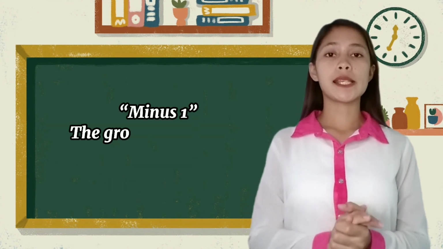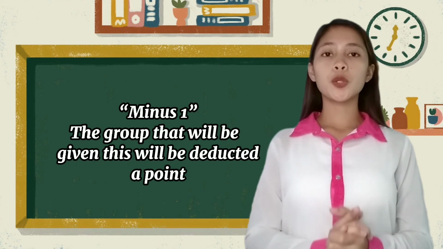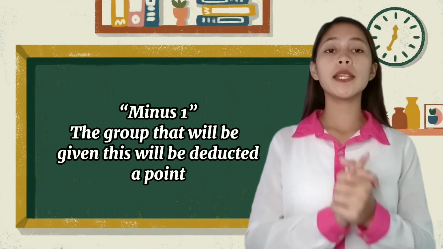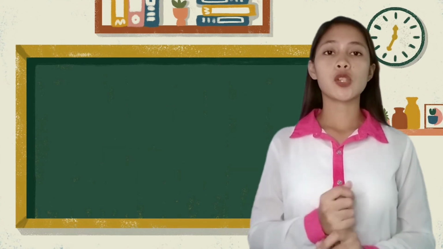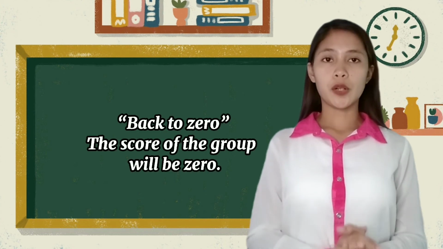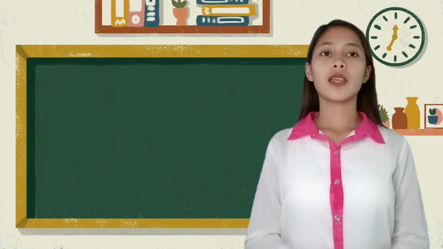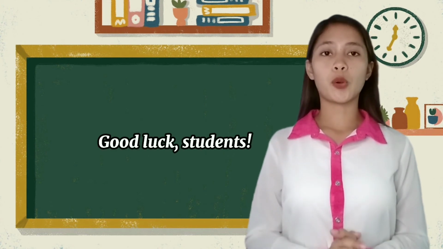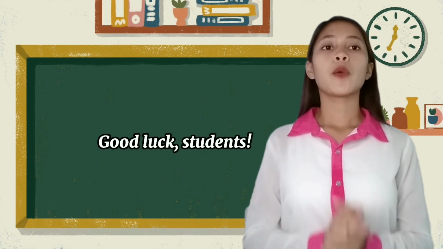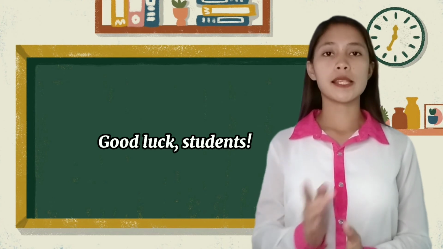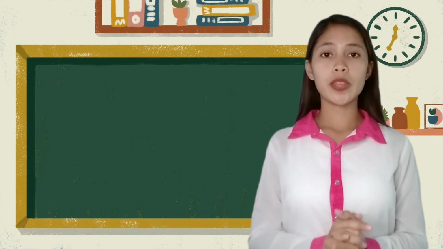The second one is -1, wherein the group given this will be deducted a point, while the last consequence is back to 0, which means that the score of the group will be 0. The group with the highest score at the end of the game will get an additional point for the assessment. Are we clear with the mechanics?